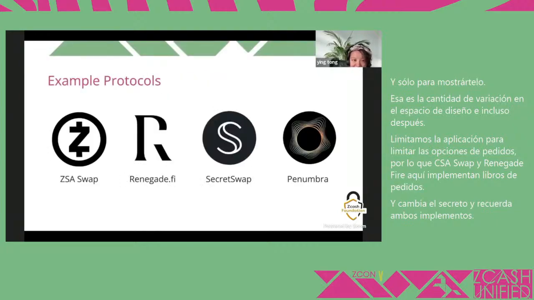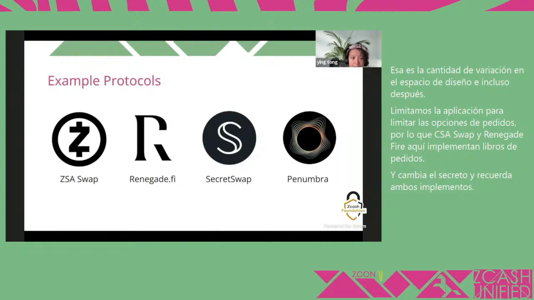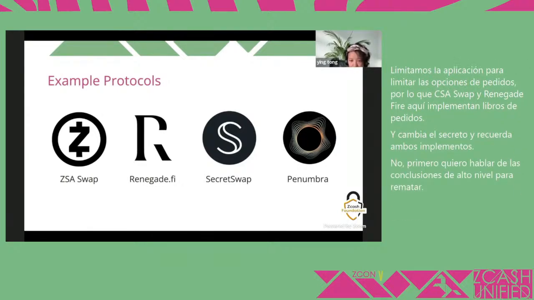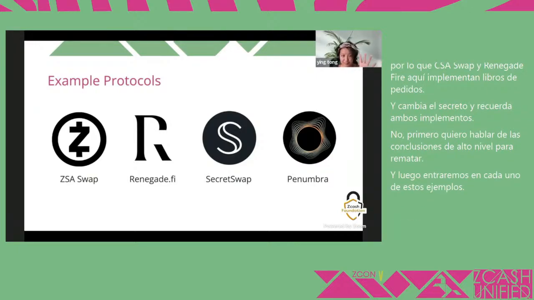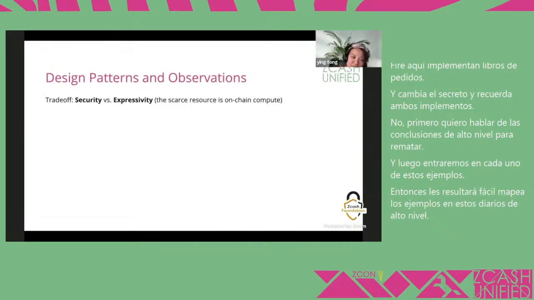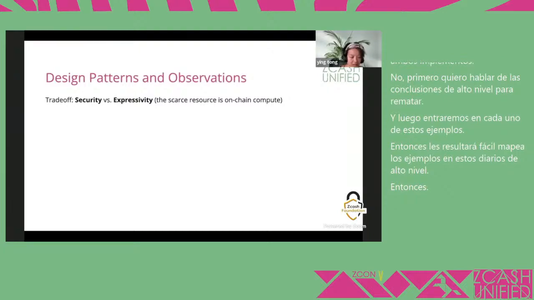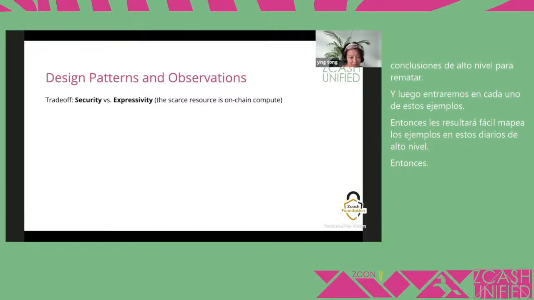Now, I want to talk about the high-level takeaways first, the punchline, and then we'll go into each of these examples. That'll make it easy for you to map the examples back onto these high-level takeaways. In looking through these examples, we saw that the fundamental trade-off was between security and expressivity.